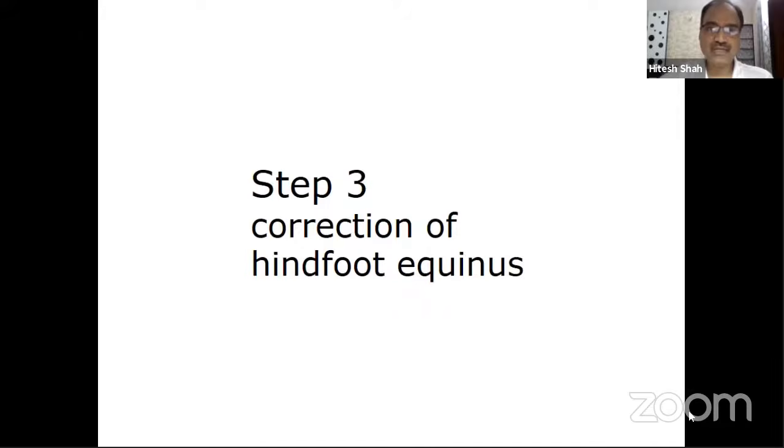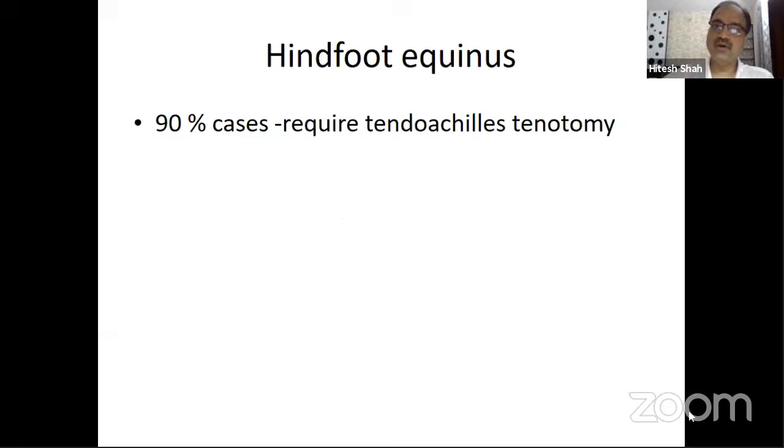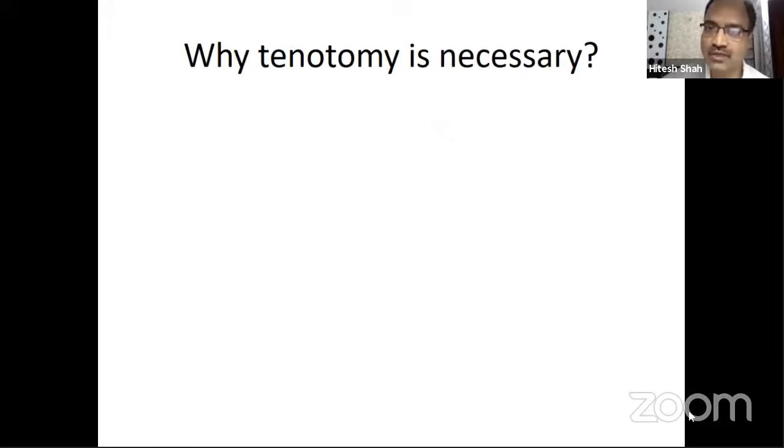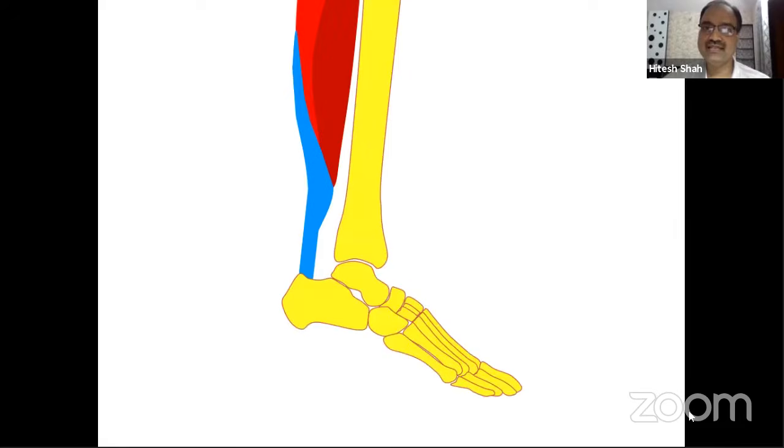Step 3 would be the correction of the hindfoot equinus. Most of the children will require a Tendoachilles tenotomy. Why is the Tendoachilles tenotomy necessary? Because the hindfoot equinus is related to the strongest muscle in the body, the Tendoachilles, which tends to pull the calcaneum up.